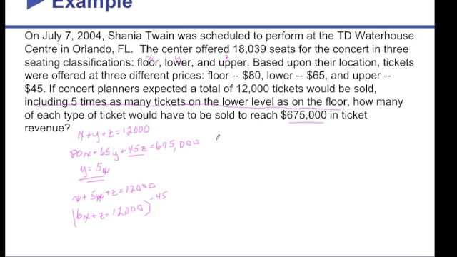So when I do that, this becomes 80x plus 65 times 5x plus 45z equals the 675,000.